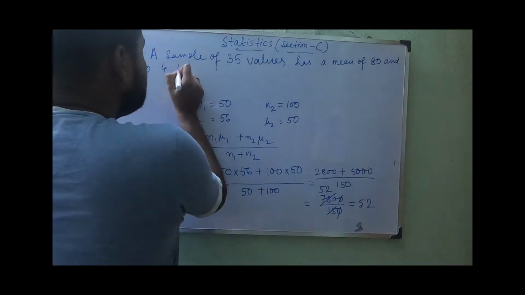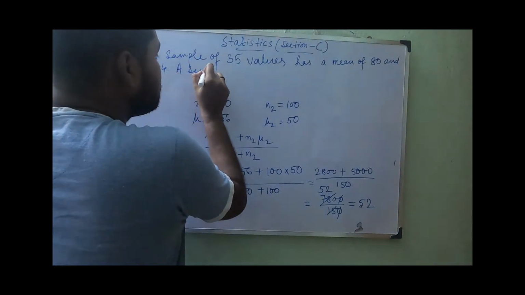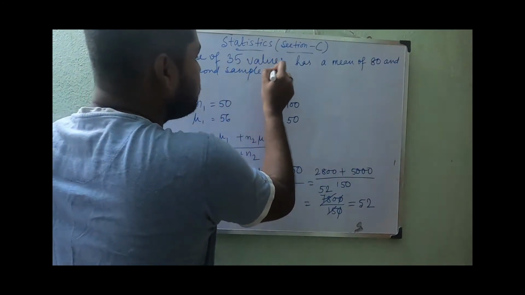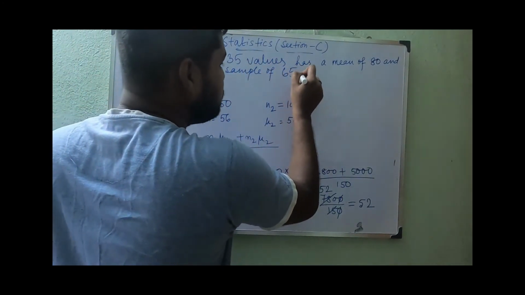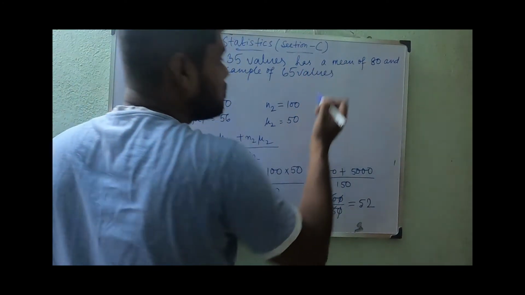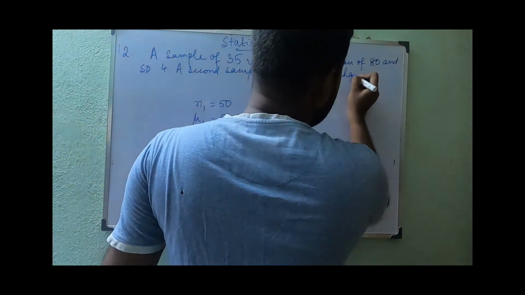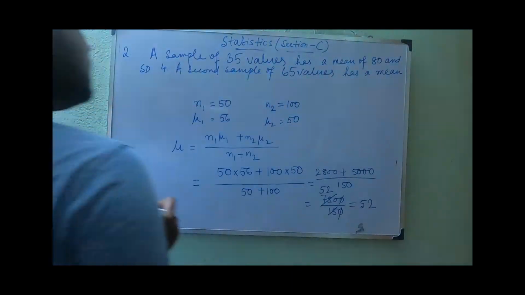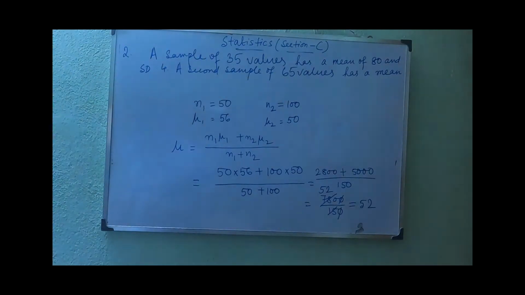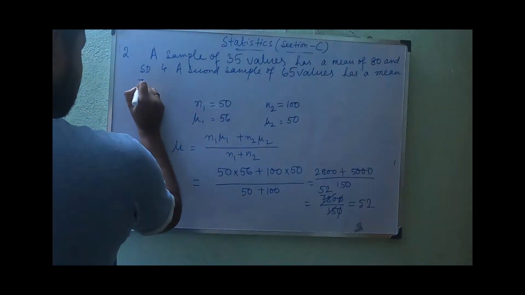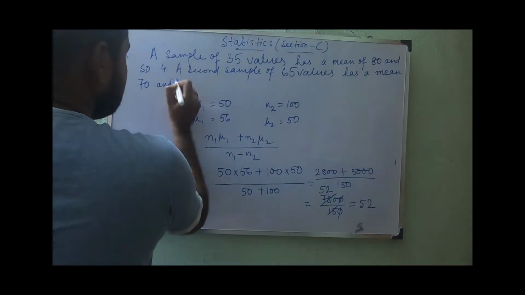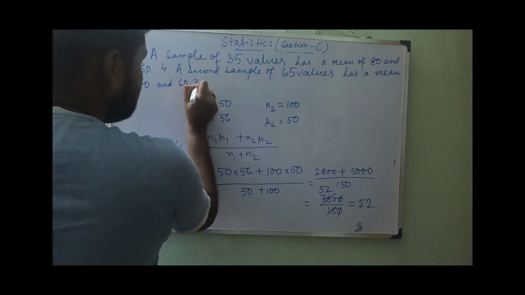A second sample of 65 values has a mean of 70 and SD 3.